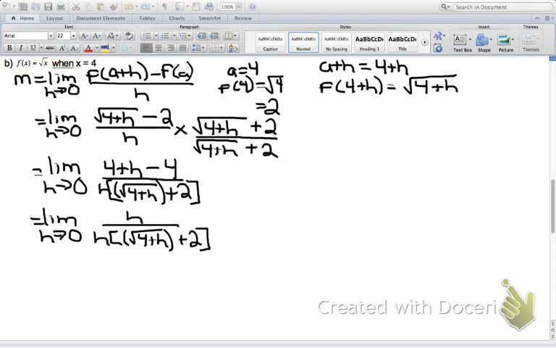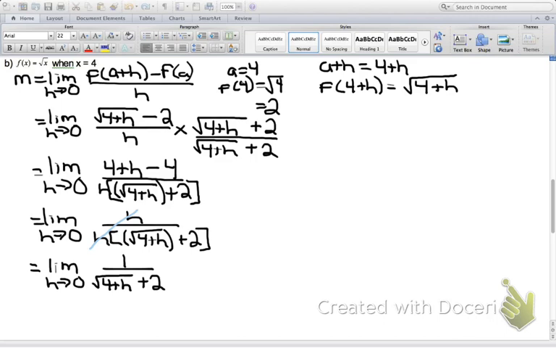So notice again here, we can cancel out our h's. And after that, we are given the limit as h approaches 0 of 1 over the square root of 4 plus h plus 2.